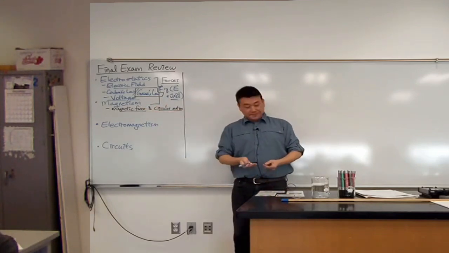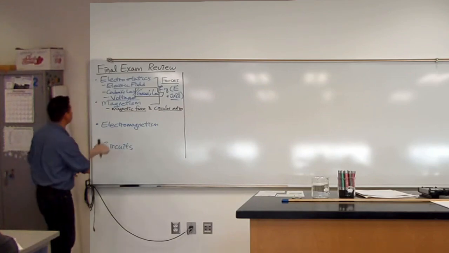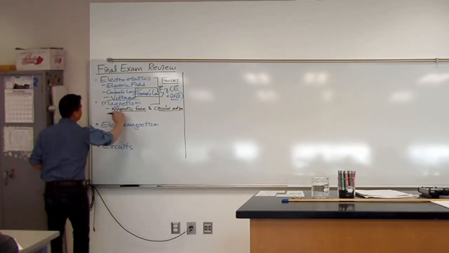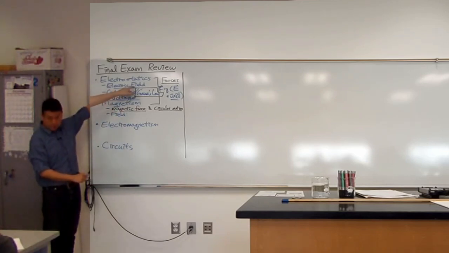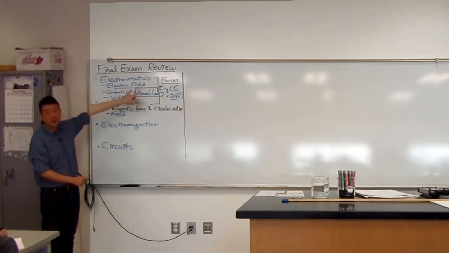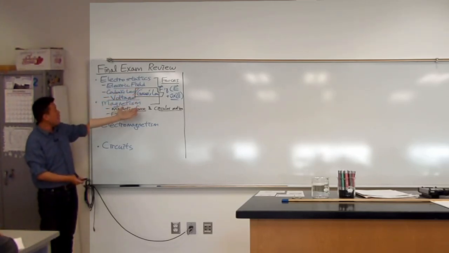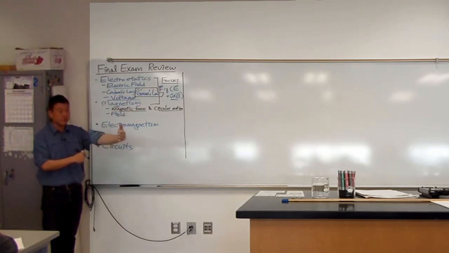With magnetism, it's also the same thing. The very first thing that I would mention is the magnetic field. Like with electricity, where to calculate the electric field we had Coulomb's law and Gauss's law, they're kind of equivalent to each other. The difference is that one is more convenient in a limited set of situations.